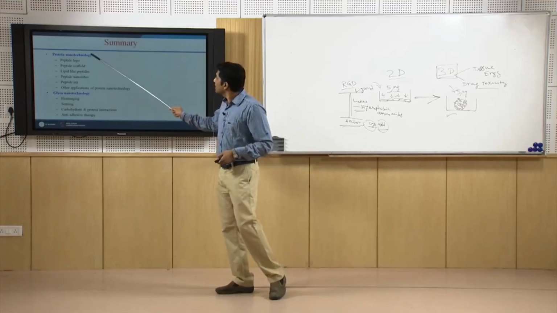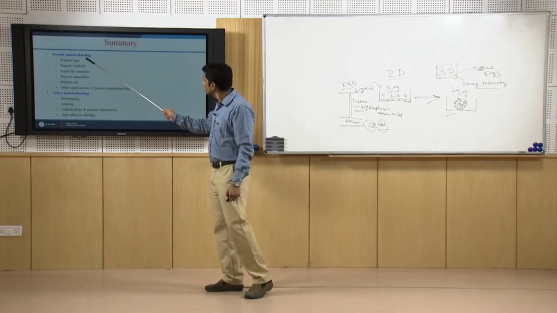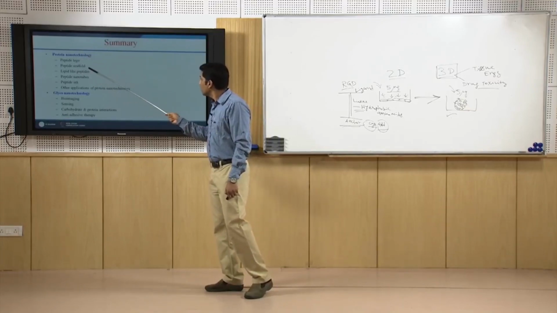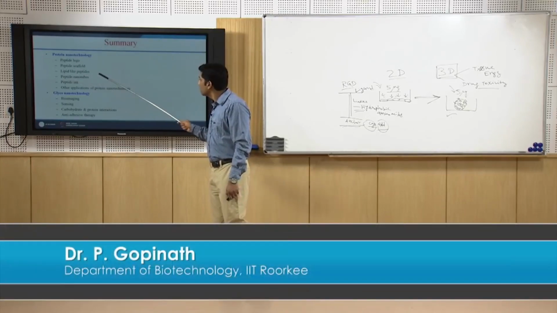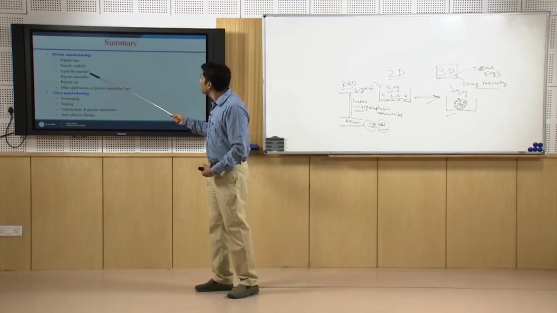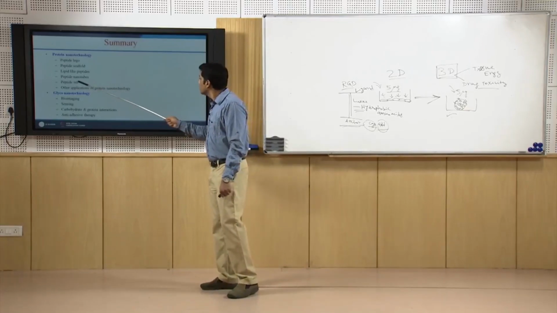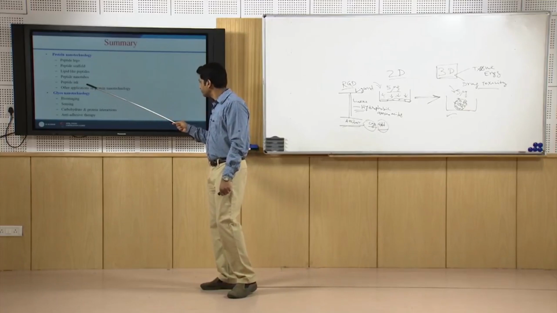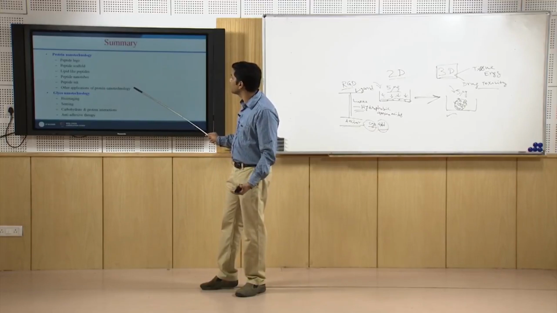As a summary, in this lecture we have learnt what is protein nanotechnology, and under the protein nanotechnology we have learnt what is peptide LEGO and using that how we can make various nanostructures, and also we have learnt what is peptide scaffold, and using this scaffold we can use it for various 3-dimensional cell culture applications, and we have also understood what are lipid like peptides, and using these peptides how we can make nanotubes as well as how we can use these lipid like peptides for understanding the membrane proteins, and we have also learnt what are the 3 main components of peptide ink, and also we studied the other applications of protein nanotechnology like drug delivery application, also for sensing application.